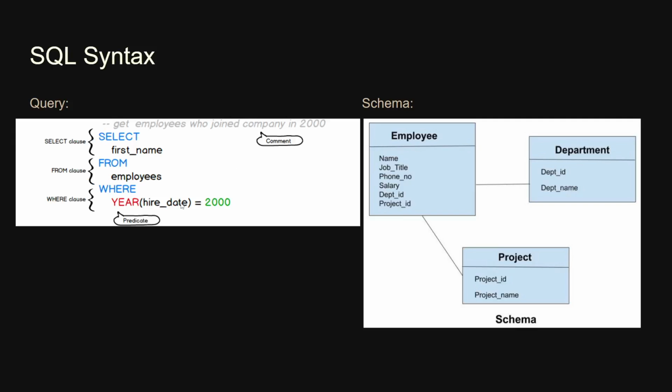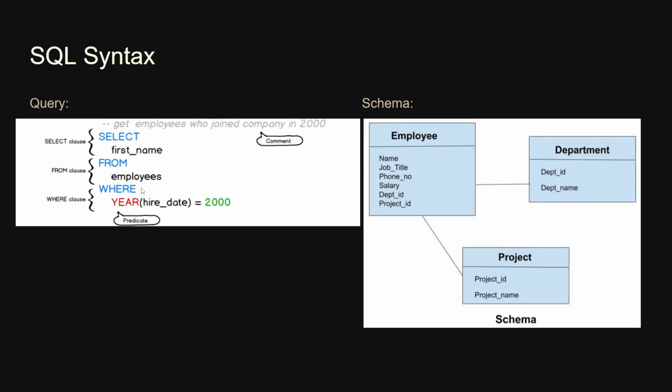This syntax over here doesn't actually match up with this schema image. They're just vaguely similar. There's no first name in this employee table. Maybe we would change this over here to name, like this uppercase one or something like that. But we're selecting names from the employee table. So from whichever table we want to query from. So it's saying from this table.